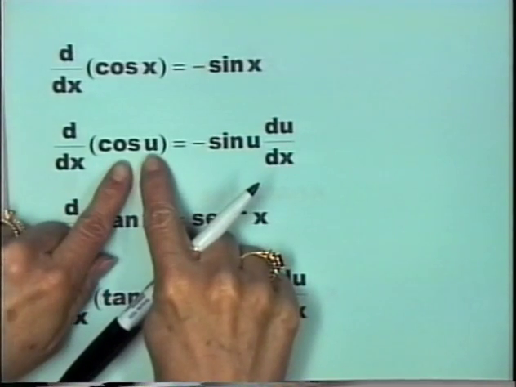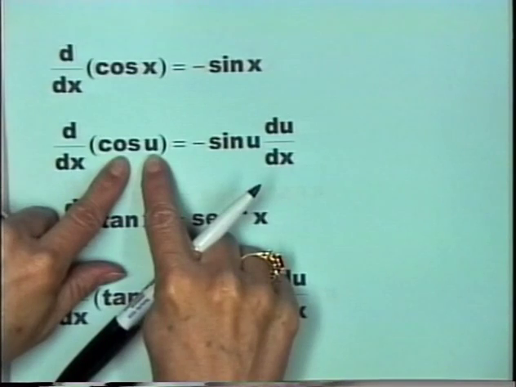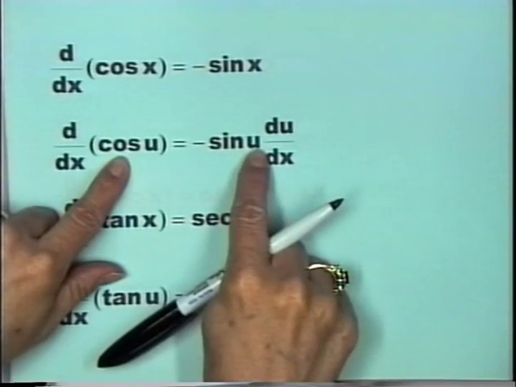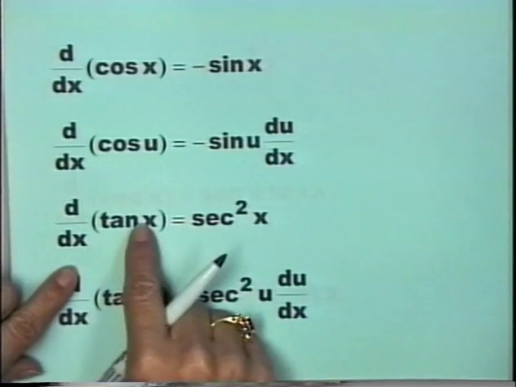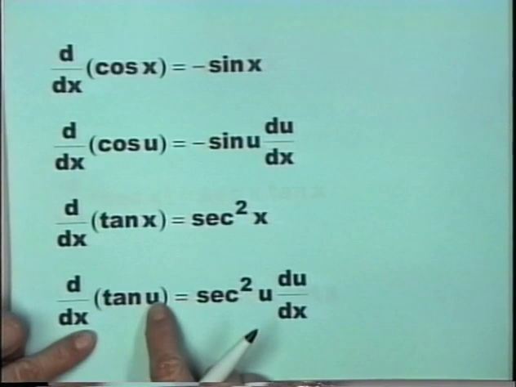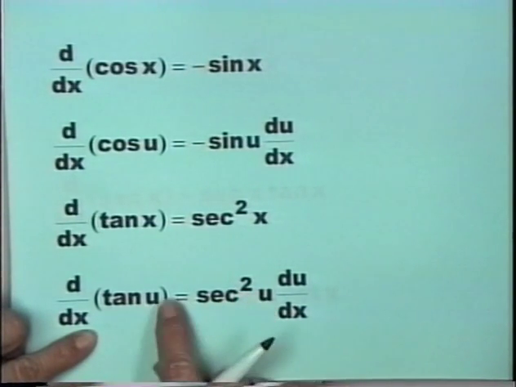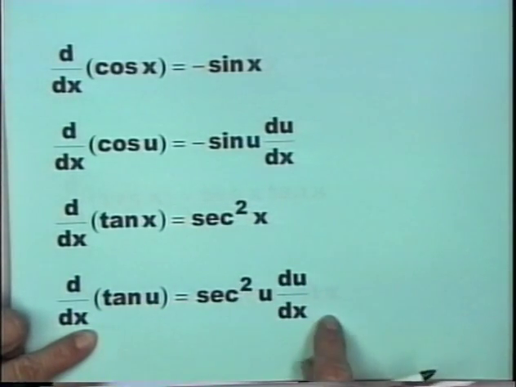So if we have a complicated cosine function, the derivative with respect to x of cosine u is negative sine u, but then we attach times du dx. The derivative of tangent x, recall, was secant squared x. So again, if this is a u, it's a complicated function of x here, we'll do secant squared u, same argument, and attach that times du dx.